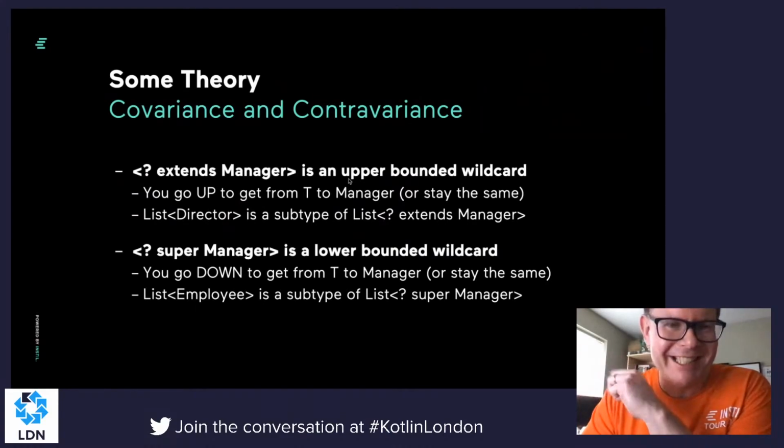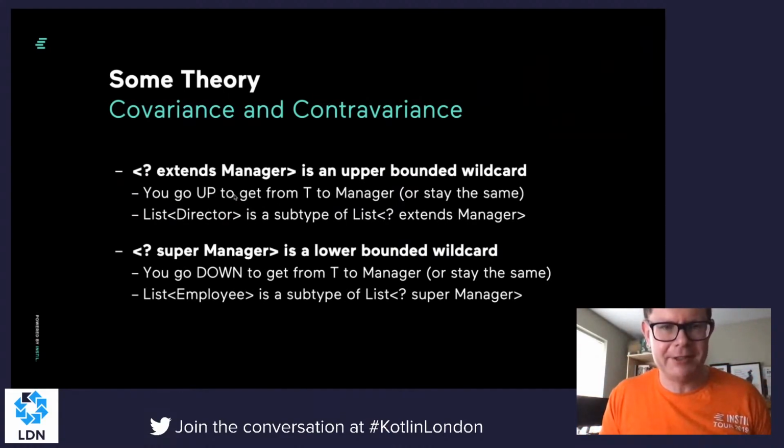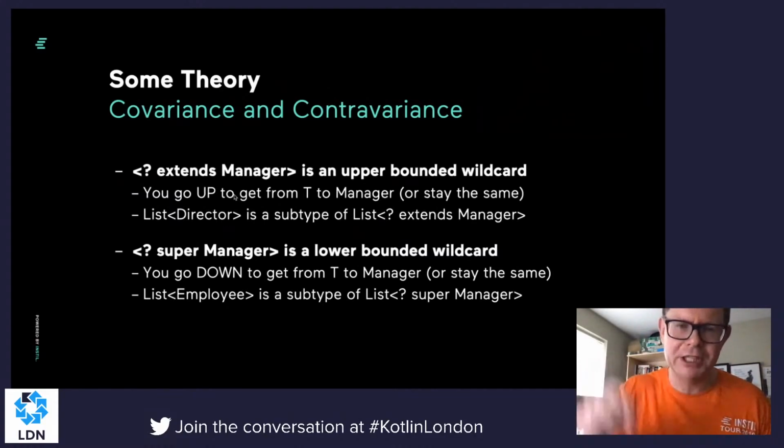So how do you get used to that? Well, the way I like to think about it is that, assuming you draw inheritance trees the way most people do, with the base at the top and the derived underneath, whatever T is, you go up to manager, or you stay the same. And if you use super, that's a lower bounded wildcard. The way I memorize that is that you go down to get from whatever T is to manager, or stay the same.